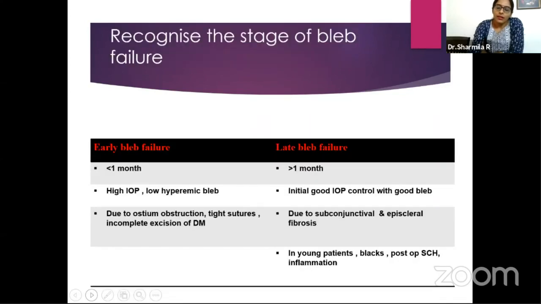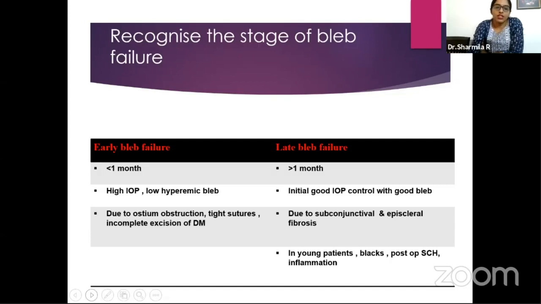And also, we may have to diagnose it at an earlier stage or at a later stage. This is clinically based only on the time of presentation. For example, early bleb failures are usually seen within a month, whereas late bleb failures usually occur after a month. Other reasons to identify whether it is an early or a late failure depend upon the reason for the failure.